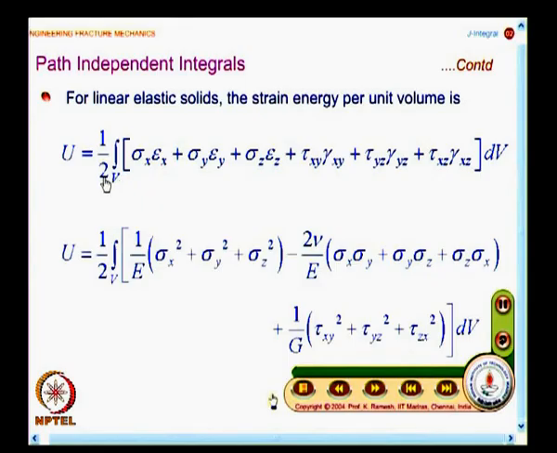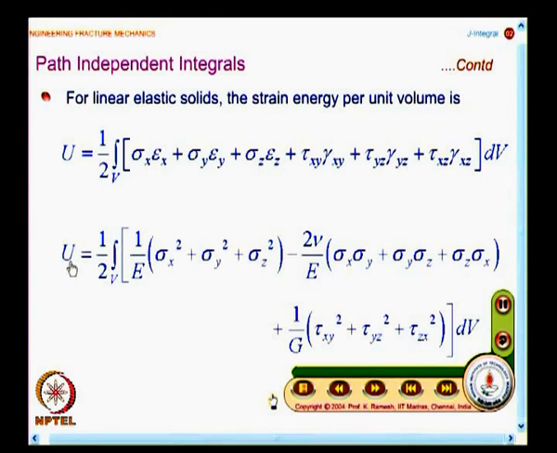This is 1/2 of integral over the volume sigma x epsilon x plus sigma y epsilon y plus sigma z epsilon z plus tau x y gamma x y plus tau y z gamma y z plus tau x z gamma x z multiplied by dV. This is expressed in terms of stress and strain. If you employ the stress strain relations, you could also express the strain energy in terms of only the stress components.